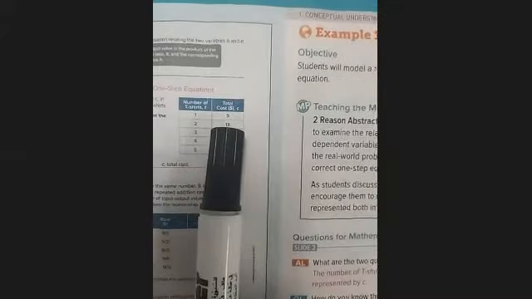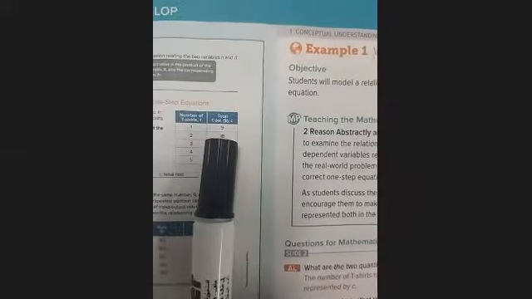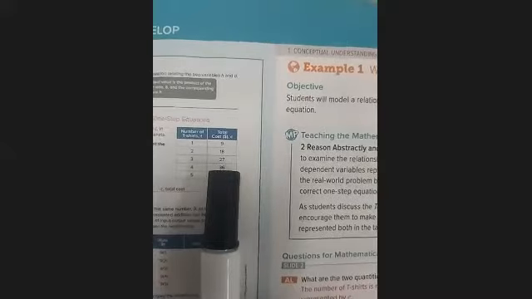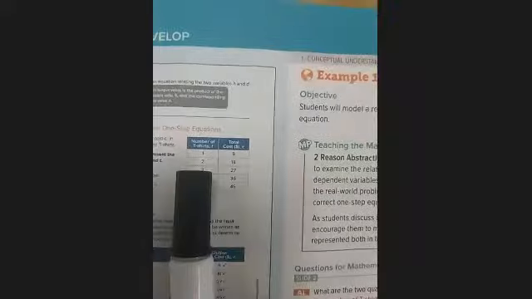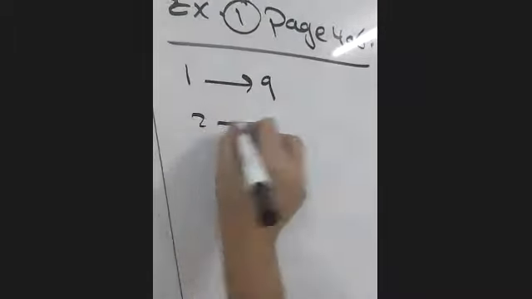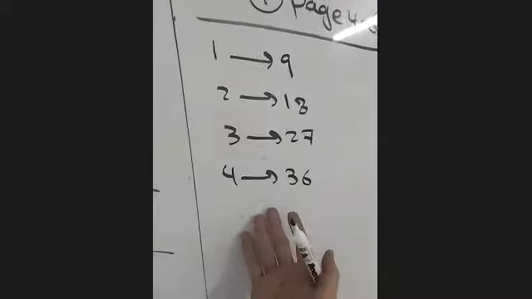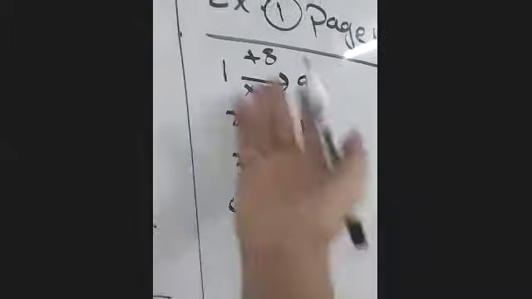We will think about multiplication. 1 times 9 is 9. 2 times 9 is 18. 3 times 9 is 27. 4 times 9 is 36. 5 times 9 is 45. So if we multiply T by 9, the answer is C. The 1 becomes 9 either by adding 8 or multiplying by 9.